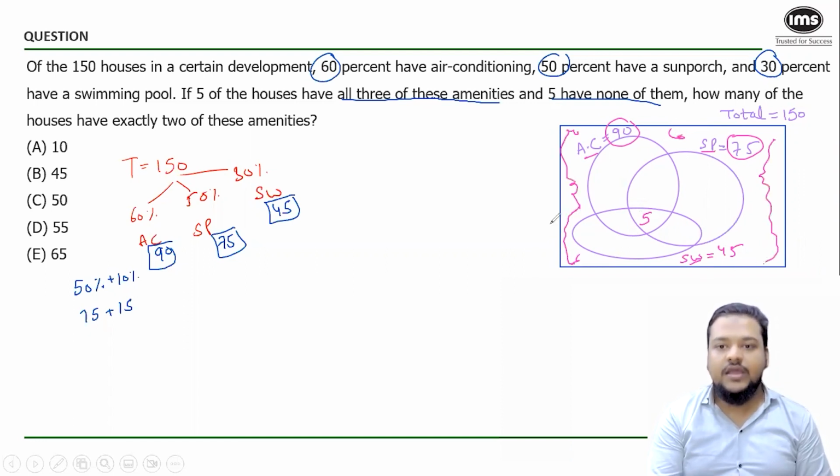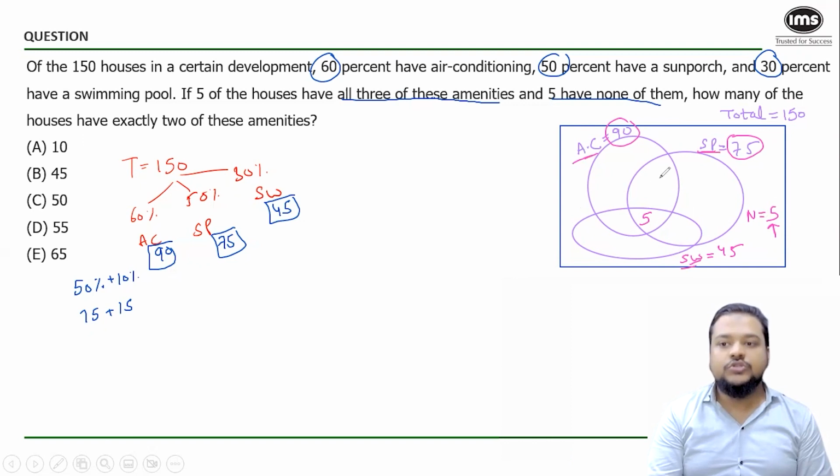So whenever you have a value for neither, always make sure to write it in the vacant part. So neither is 5 here. Neither means the houses that have none of the things represented by the circles. So these 5 houses have no air conditioning, no sun porch, and no swimming pool. This is how you have to read the diagram.